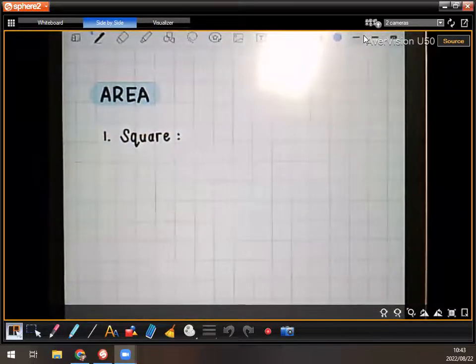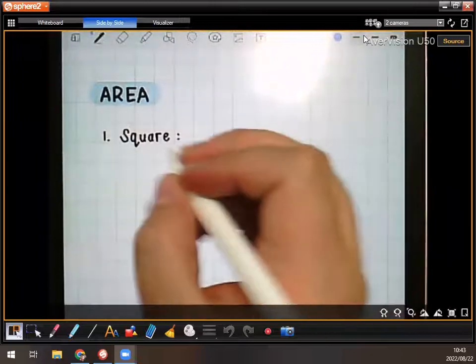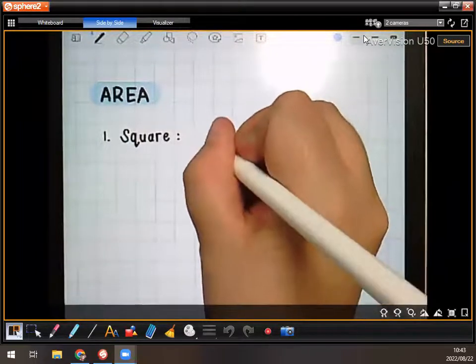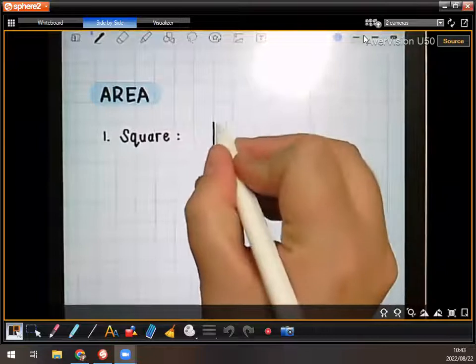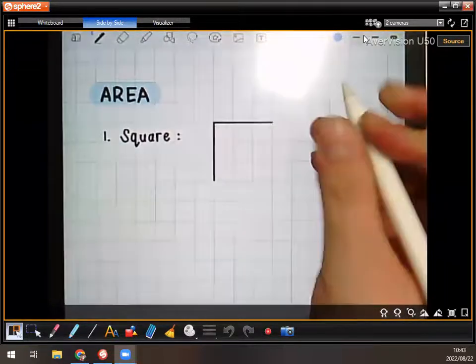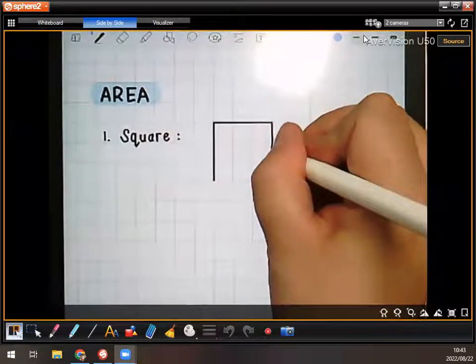Okay, square. Can we draw a square, guys? Just take a ruler and draw a square for me, please. It doesn't have to be perfectly to scale, but at least make it kind of look like a square.